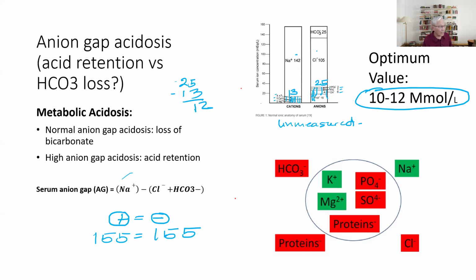If you have acid retention, such as what happens in diabetic ketoacidosis, you will have a high anion gap. Okay? So a high anion gap means that you have acidosis.